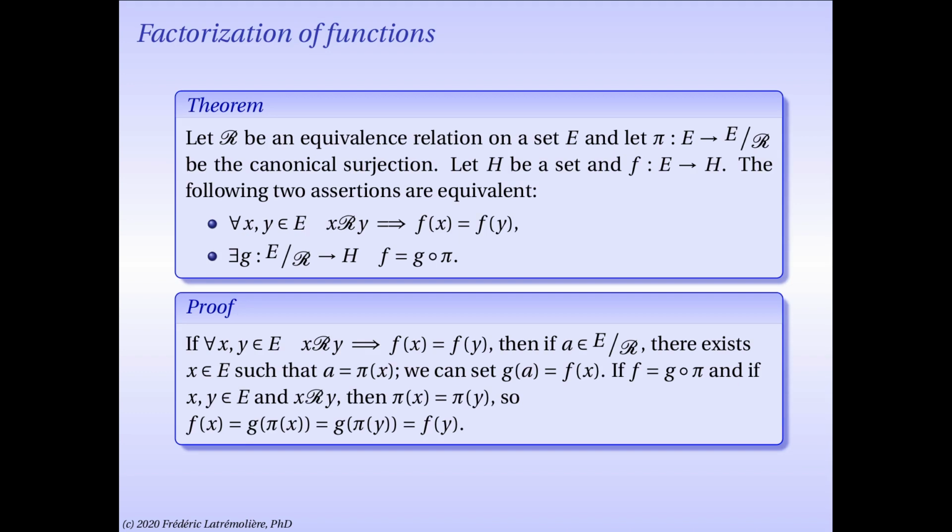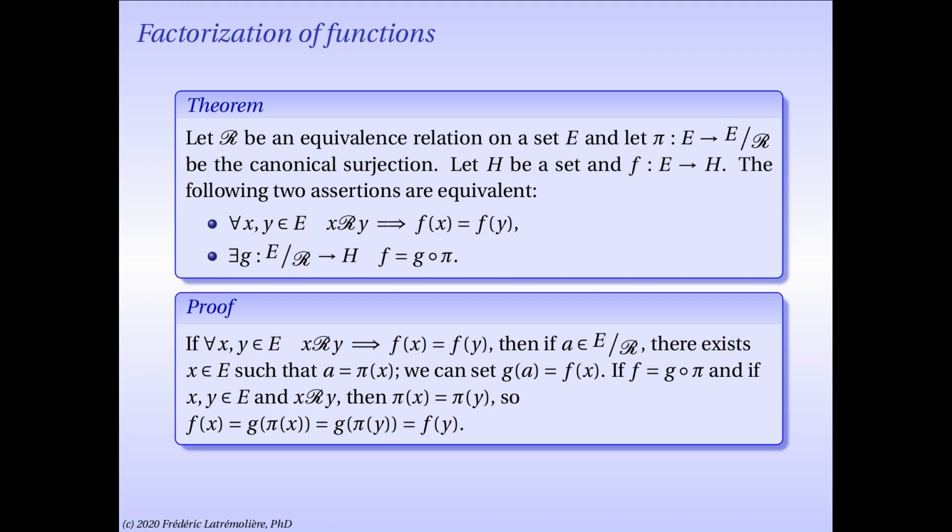If you do that, then I claim you have an injection, G, from the quotient space to H, such that f equals G composed with the canonical surjection for this equivalence relation. So f is not necessarily injective, but we can factor it through an injection.